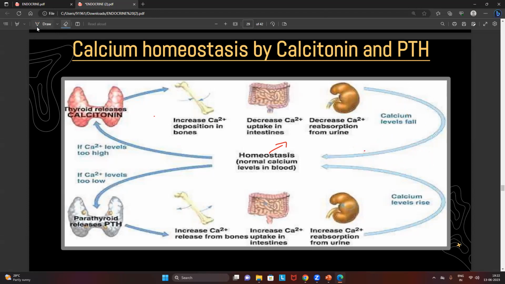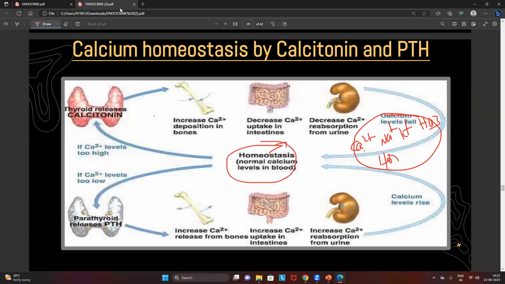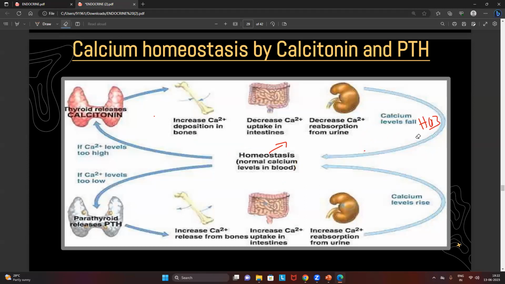Similarly, friends, it doesn't matter whether it is calcium, sodium, potassium, bicarbonate, or a hormone. Anything in our body has to maintain homeostasis, which means it should not be released in a higher concentration, nor in a lower concentration. Now we are talking majorly about the ion calcium.